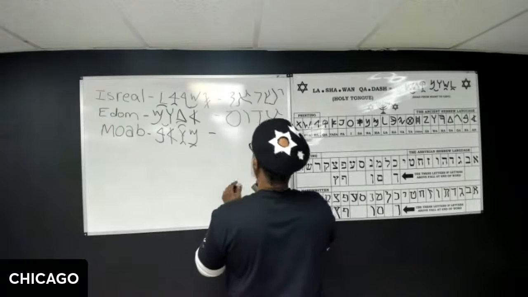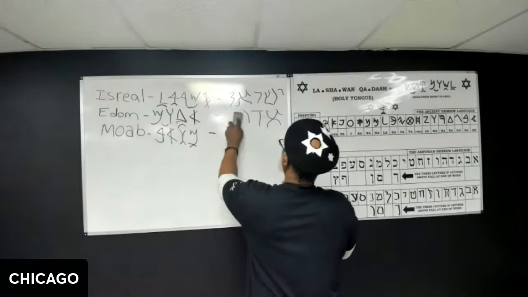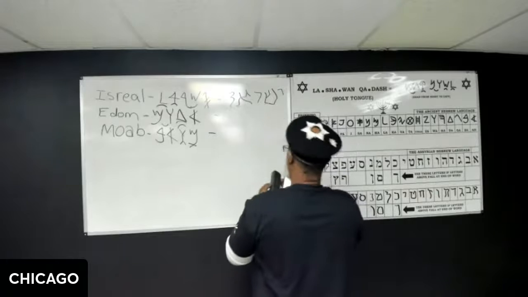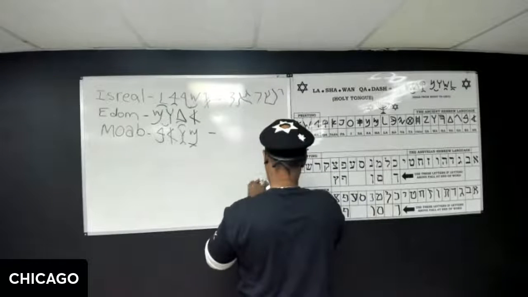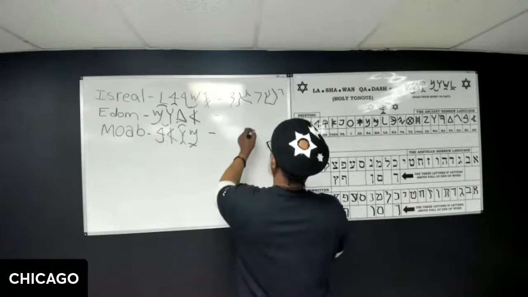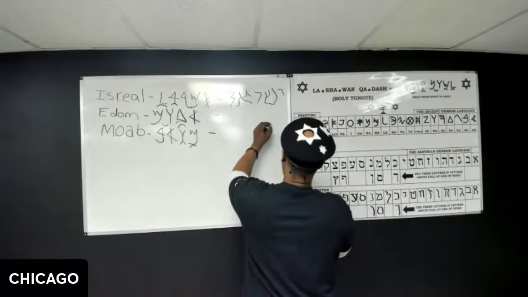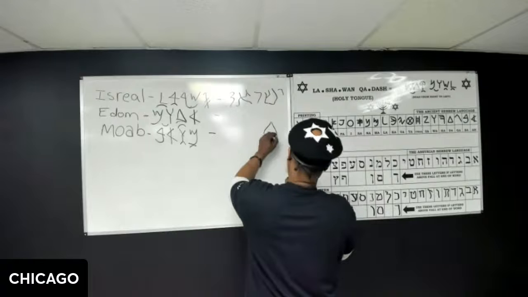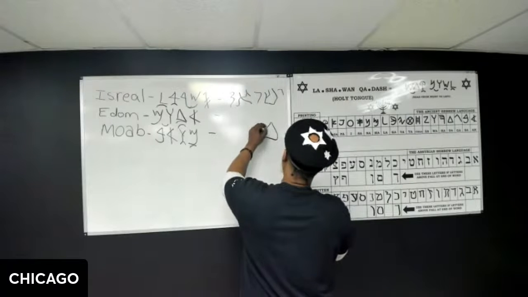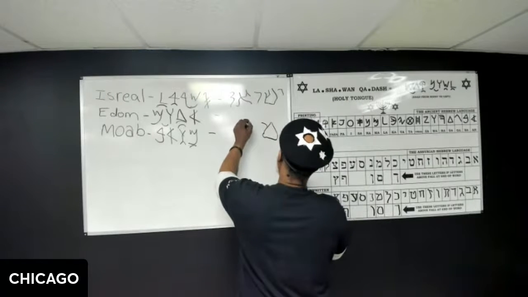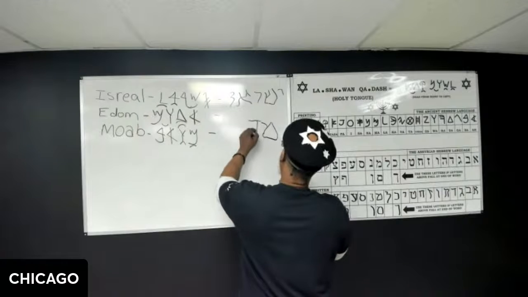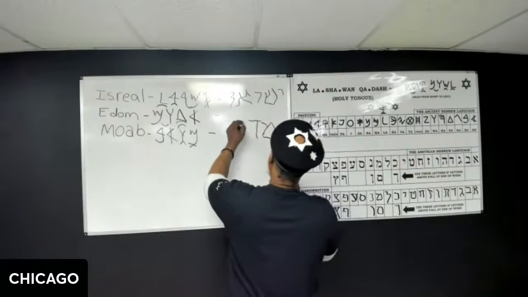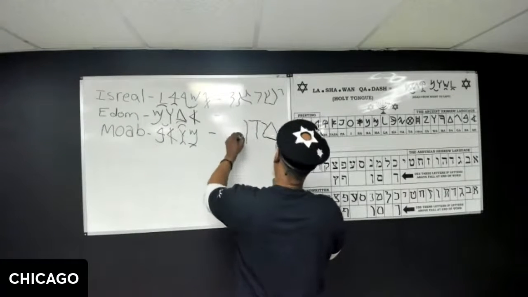I put that in the wrong place. Okay, Moab is naturally supposed to be written from the right to the left.